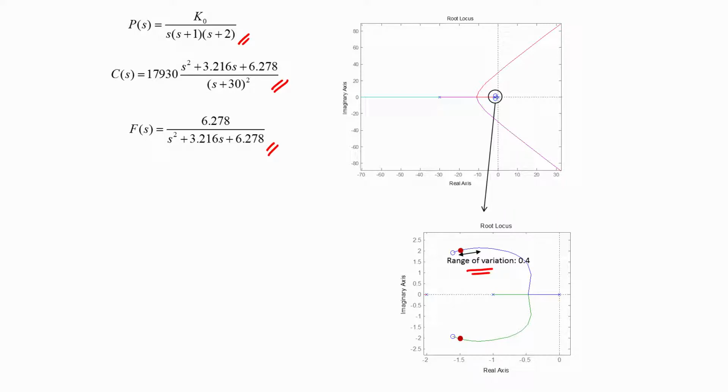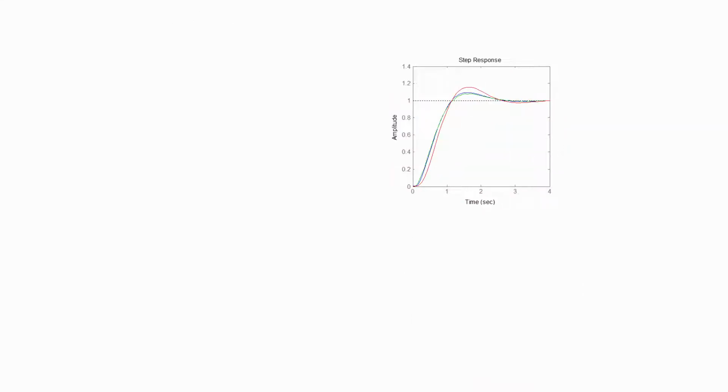Now as a consequence of restricting the variation of the closed loop pole to within 0.4 units, we will also be able to accomplish a corresponding suppression in the spread in the transient response of our closed loop system when the plant's model varies, and that is revealed by the closed loop response of our system here.